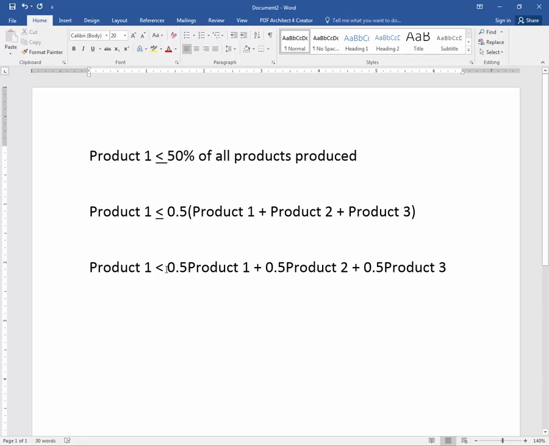And then we move all of the variables to the left-hand side. So this will be product 1 minus 0.5 product 1 gives me a 0.5 times product 1. Subtract 0.5 product 2 from both sides. So minus 0.5 product 2. Subtract 0.5 from both sides for product 3.